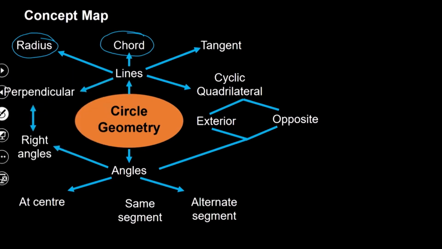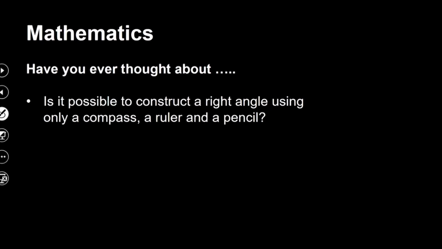Now we're looking at the concept of angles, and we're going to talk about an angle at the center, same segment, and alternate segment. Remember, we're still looking at how to construct a right angle using only a compass, a ruler, and a pencil. But to do that, we're going to talk about an investigation.